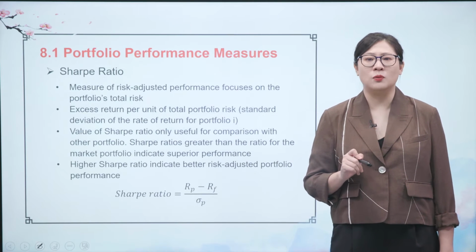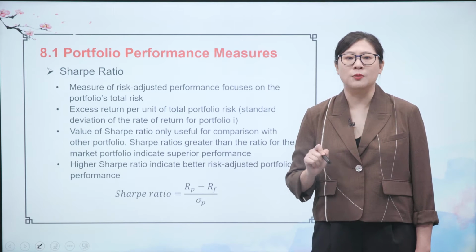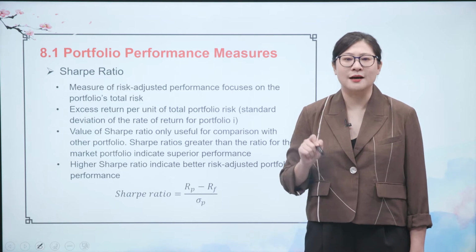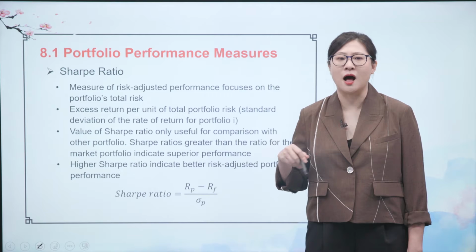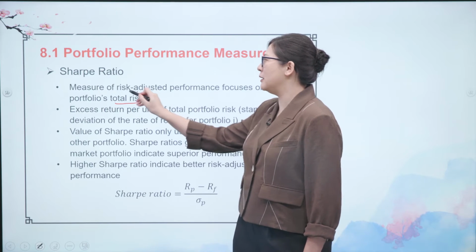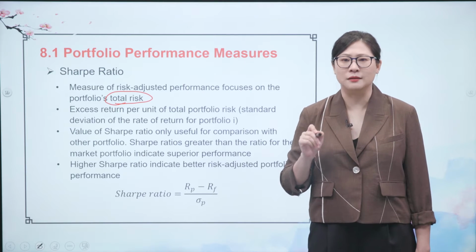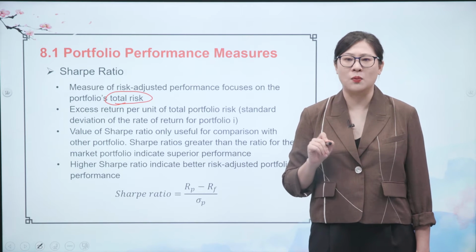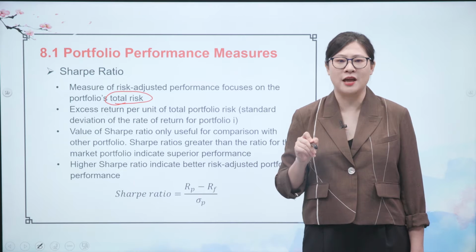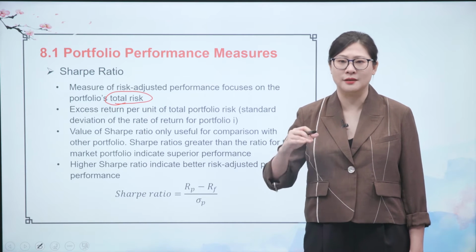The second one we will look at is the Sharpe ratio. The Sharpe ratio is a measure of risk-adjusted performance focused on the portfolio's total risk. So that's the difference between the Sharpe ratio and the Treynor ratio. The Sharpe ratio considers the total risk. For total risk, we can use the standard deviation of the rate of return for the portfolio to measure it.